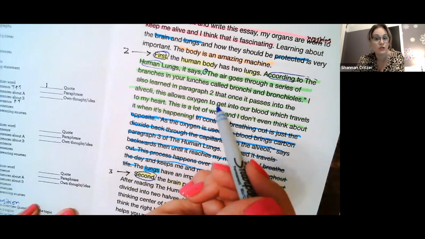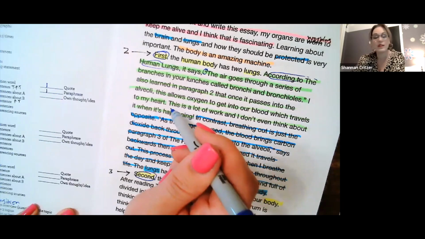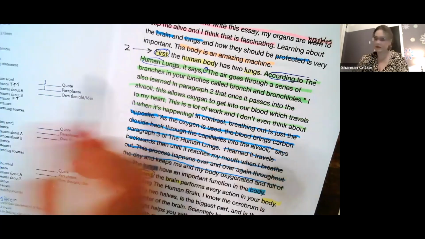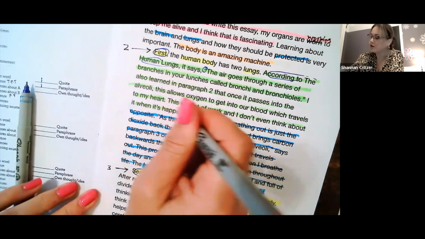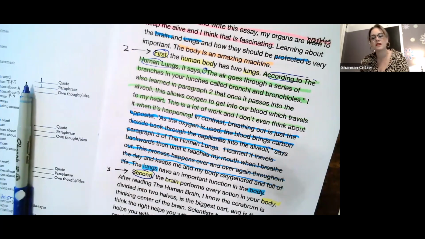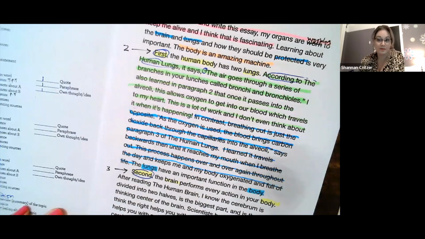There's no quotation marks here. So I have 1 paraphrase. And then right here you see, this is a lot of work. This is my own thought: this is a lot of work and I don't even think about it when it's happening. So that is my own thought as well.